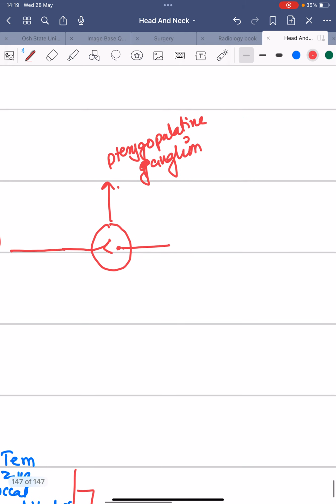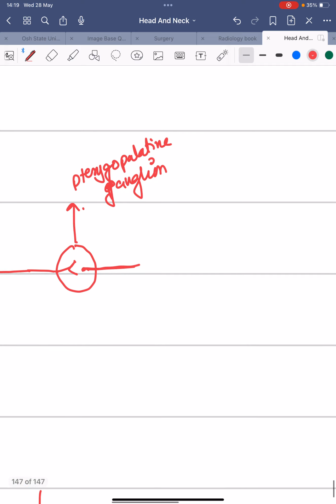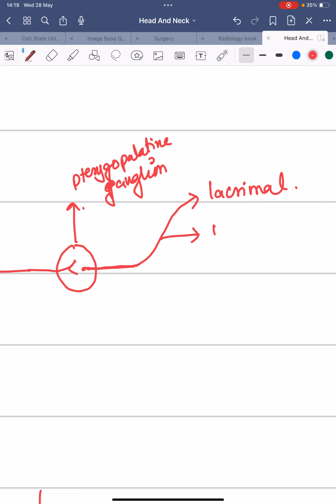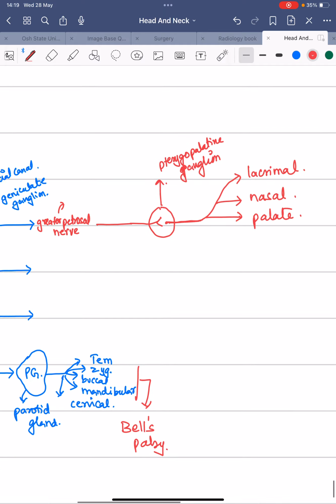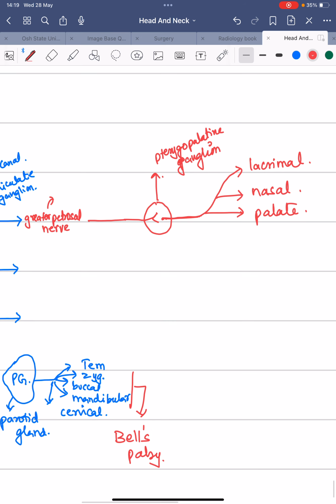And now the nerve fibers from here are going to innervate the lacrimal gland, the nasal gland and the palate glands also. Okay. So this is your pterygopalatine ganglion. So the greater petrosal nerve is forming your pterygopalatine ganglion.